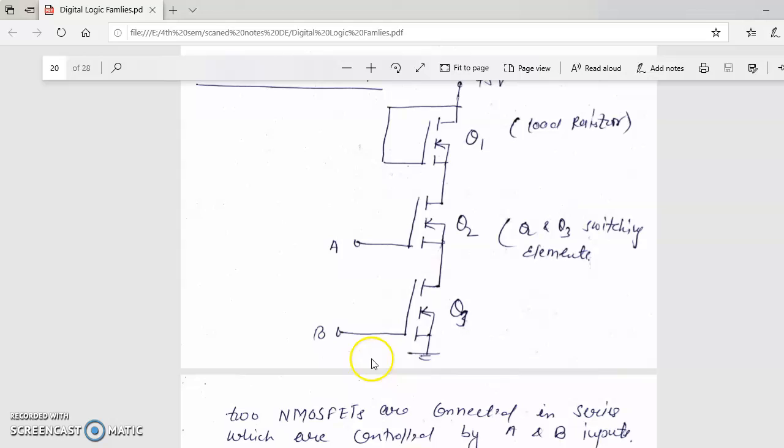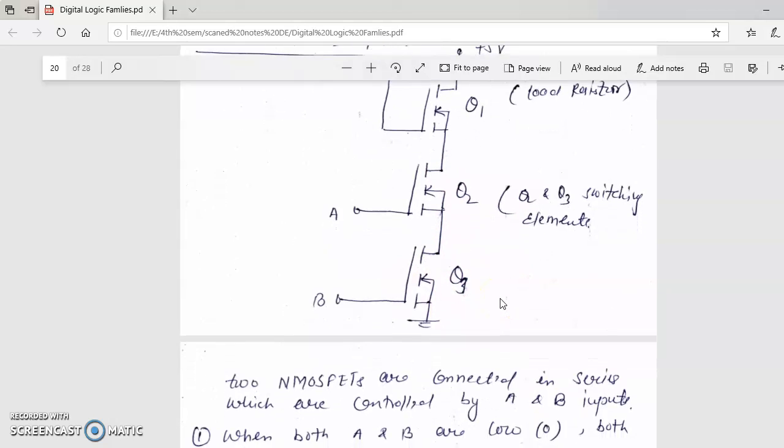Okay, what happens when A and B are applied to both transistors? With two inputs, we can apply 4 combinations of inputs. If we apply 0 0, then both NMOS transistors are off, and the output is VDD, logic 1.